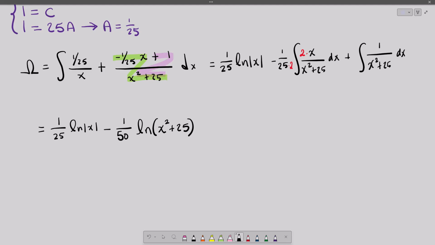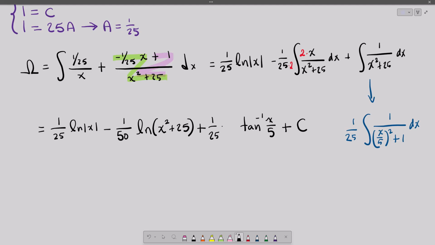And then with this one, I'm just going to rewrite this one here for a second. If I factor out the 25, we're going to have 1 over x divided by 5 quantity squared plus 1. So when we integrate it, we'll have 1/25th arctangent of x over 5 plus c, and then in this little RCR gap, what's going to go in the RCR gap? 5.